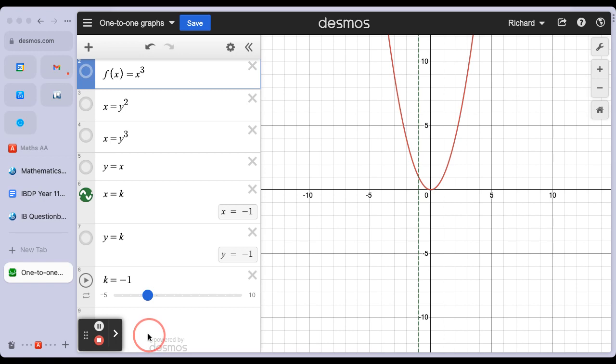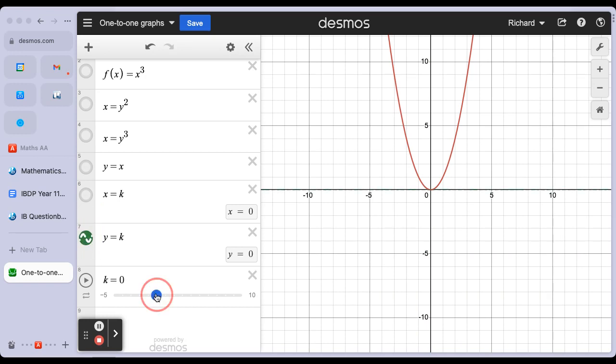For it to be one-to-one, it not only has to pass the vertical line test, but it also has to pass the horizontal line test. This function, as you can see, does not pass the horizontal line test. Am I making sense?